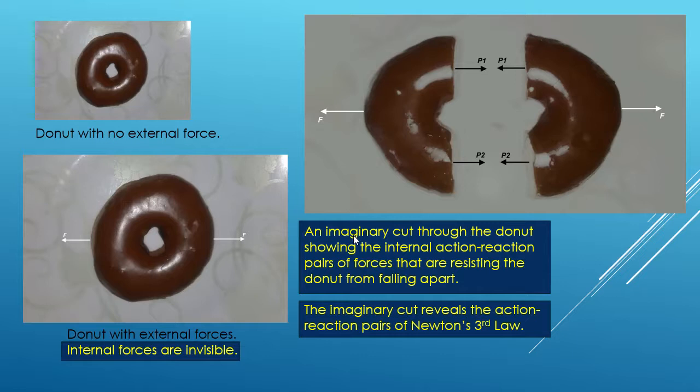So this cut is imaginary, and when you have the imaginary cut, you begin to see the internal action-reaction pairs of forces that are resisting the donut from falling apart. The imaginary cut reveals the action-reaction pairs of Newton's third law.